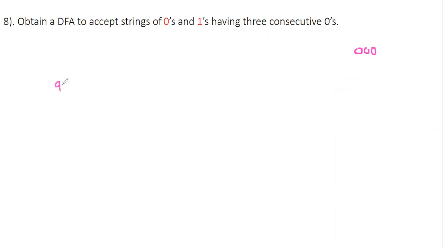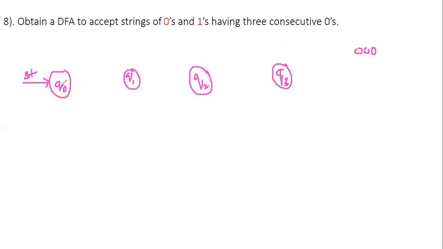So the first state will be Q0, the start state. The second one, Q1, then later Q2, and the fourth one, Q3. Q0, I will make it the start state.